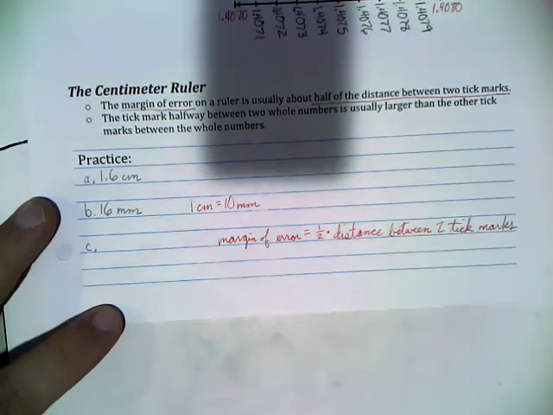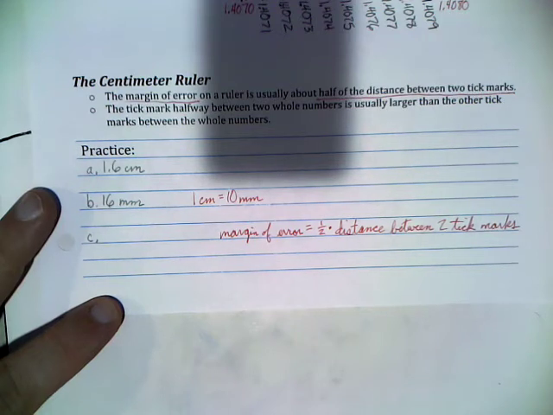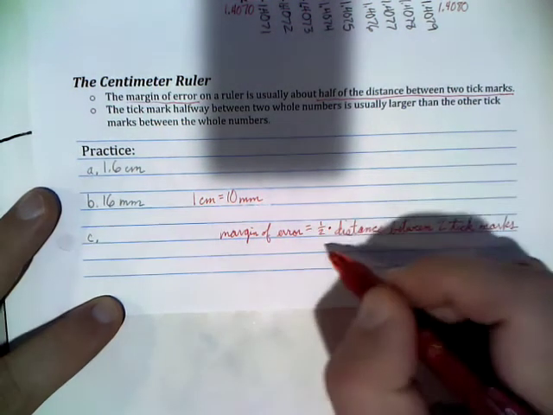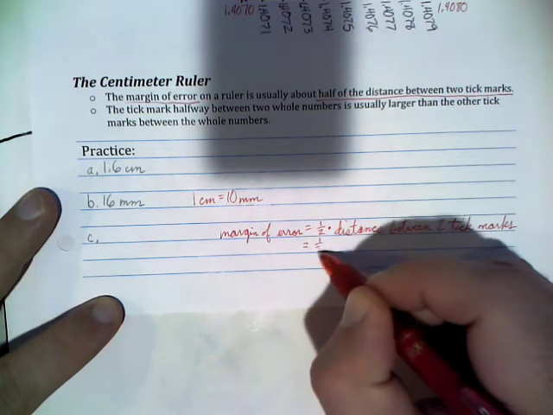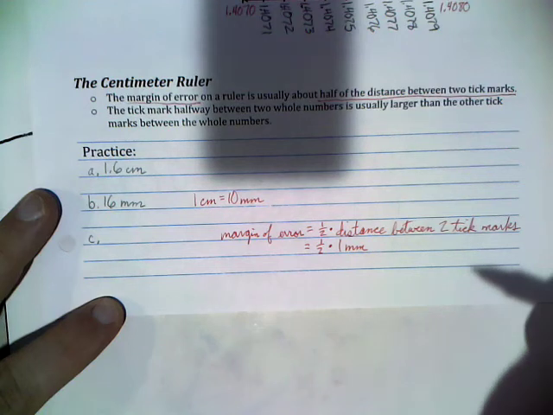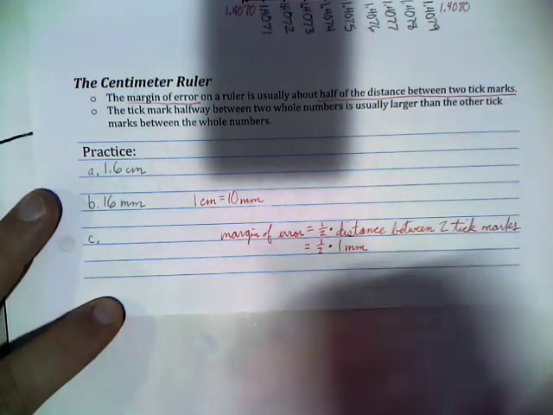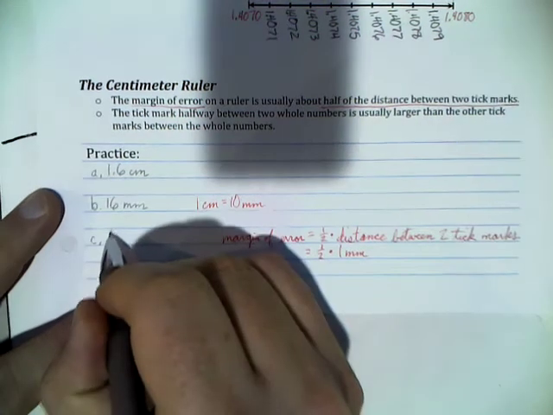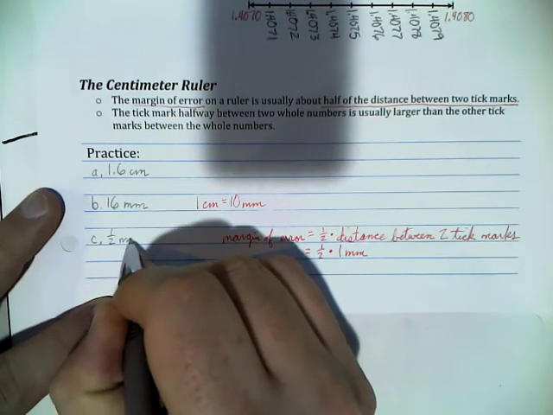Since letter B was asking about millimeters, what's the distance between two tick marks? Well, it's a single millimeter. So this is half times 1 millimeter. Well, a half times 1 is just 1/2. So this is half of a millimeter.